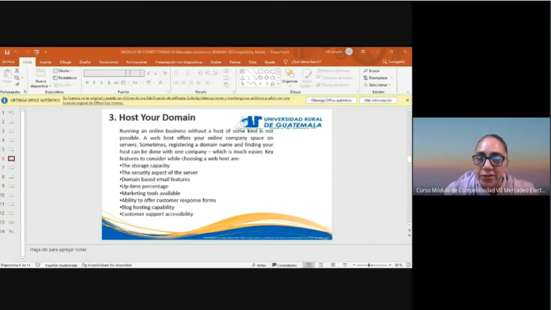Key features to consider while choosing a web host: there are a lot of companies that give you that service to get a host, but you need to think about this part: the storage capacity, the security aspect of the server, the domain-based email features, uptime percentage, the marketing tools that they are offering to you, the ability to offer customer response forms, the blog hosting capability, and the customer support accessibility also.